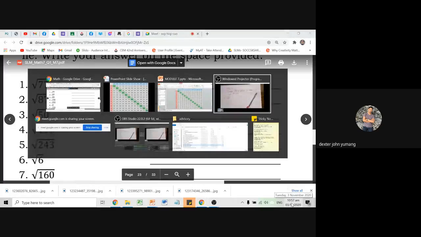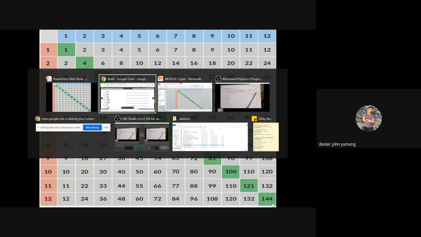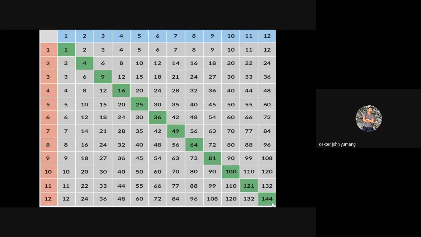243. Oh, ito na yung problema. What if lumampas siya sa pinakadulo? Ano nang gagawin natin?